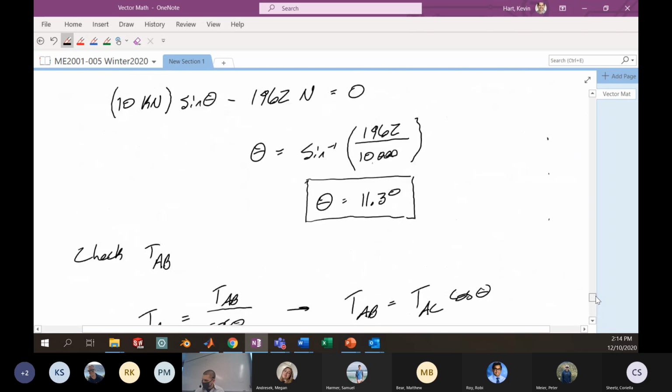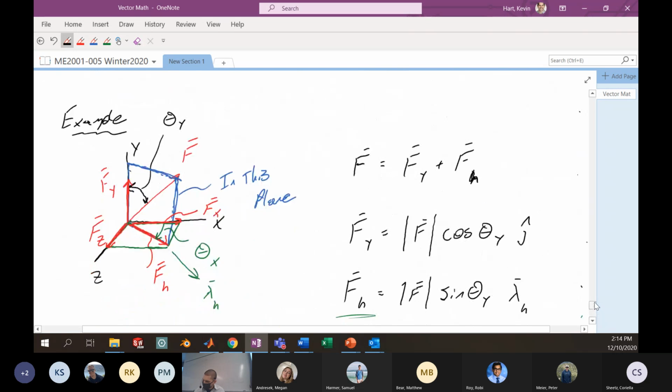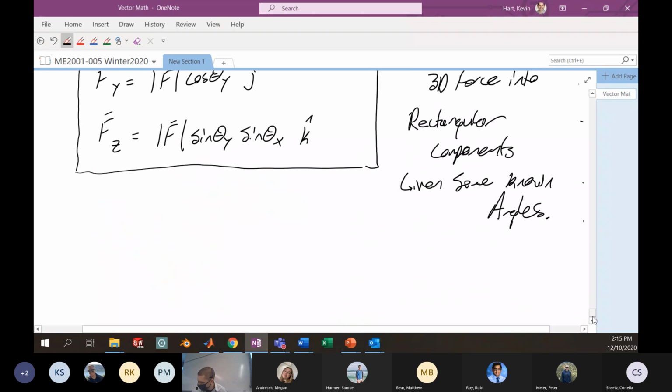So if we go back up to this picture from before, we would have to know this theta y and this angle between this vector Fh and the x-axis, etc. We would have to know this information to properly resolve this. And we'd have to know the magnitude of F to resolve all of these things properly. But the basic strategy is more or less the same: you know an angle between the vector and an axis of interest, and you just resolve that vector into the various directions using the cosine or the sine functions appropriately, okay? So that is one way to do it.